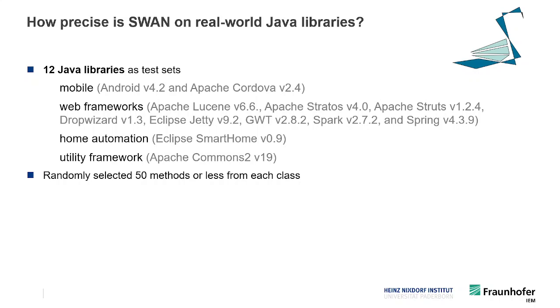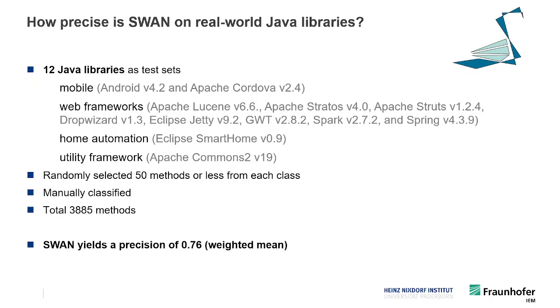That was taken as the ground truth in order to calculate precision. In total, we collected 3,885 methods, and based on these manual calculations, SWAN yielded a precision of 0.76 weighted mean.